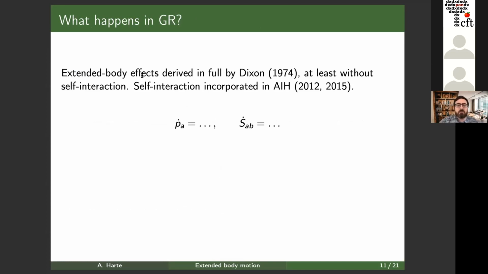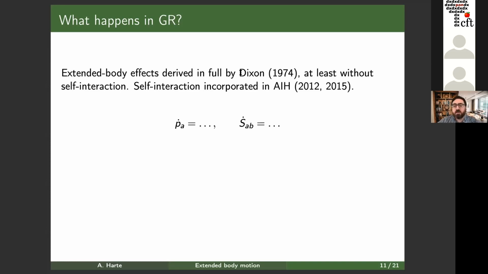So the theory of extended body motion in GR has a complicated history, but let's say the beginning of the road which led to the understanding was started by Matheson in the 1930s, and then he died very young, and the war happened and so on, and that was forgotten for a long time.